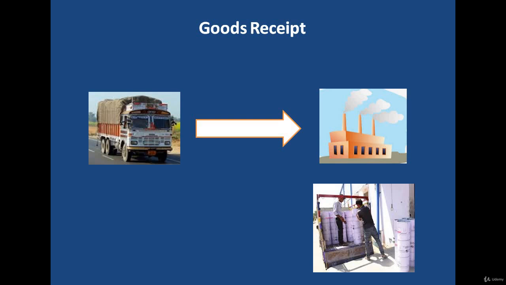And the same material is unloaded from the transporter and inverted to the quality stock of the company premises in the plant. So this activity is called goods receipt or goods invert activity.